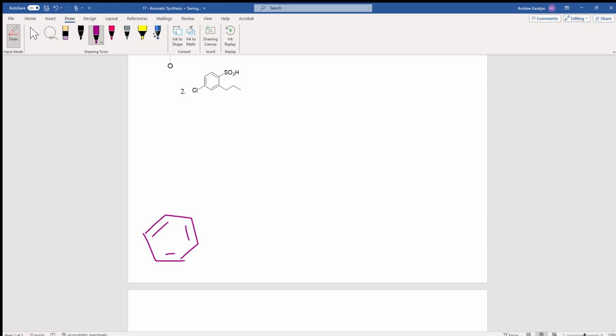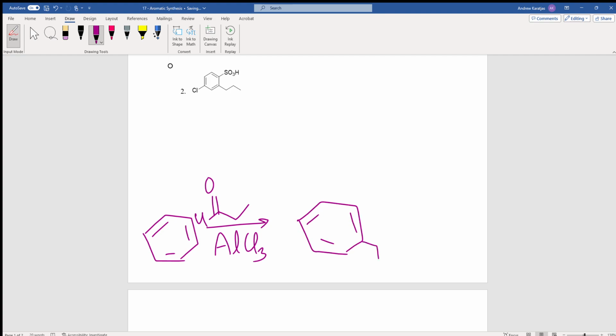We also need to put it on first because the other 2 groups, the chlorine and the sulfur group, are both deactivating groups, and deactivating groups don't support the Friedel-Crafts reactions taking place. So if we start with our Friedel-Crafts acylation, we get our 3 carbon group on here.